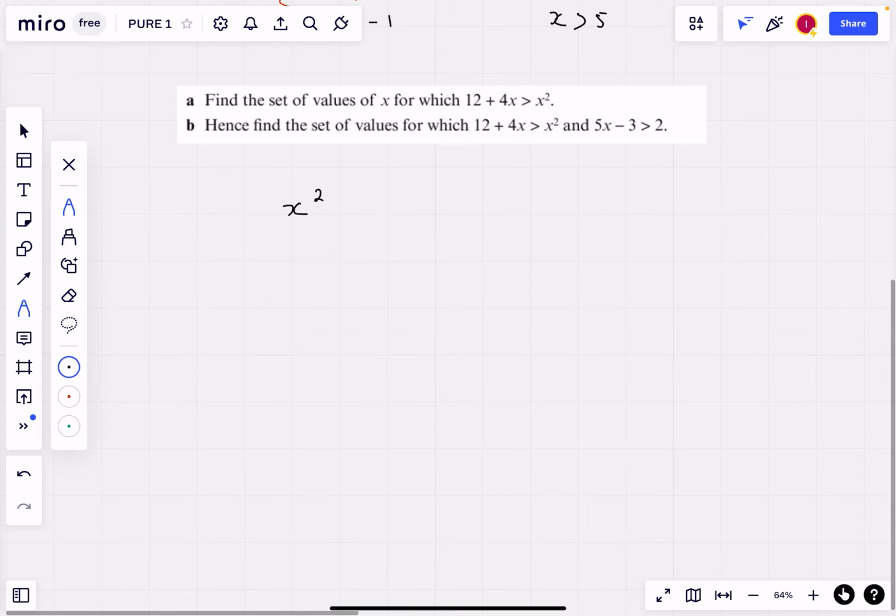So x squared minus 4x minus 12 is less than 0. Like we did before, make that equal to 0 and then solve. So can you try that? Make it equal to 0 and then solve it.